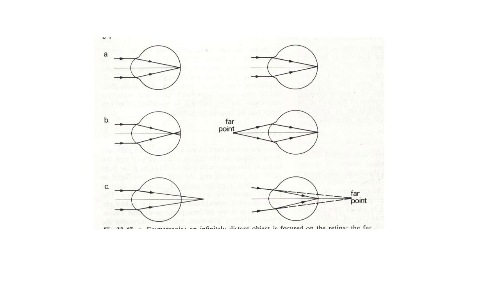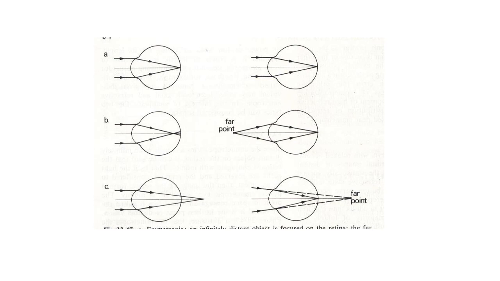In picture B, the rays coming from a near object, again in an emmetropic eye, will fall on the retina. This is called the far point, where you can have good quality vision. And in picture C, the rays coming from far away are focused behind the retina, and they have to be focused on the retina. So these are the three things that can occur while focusing an image.